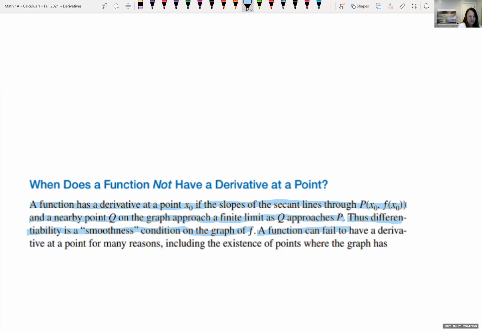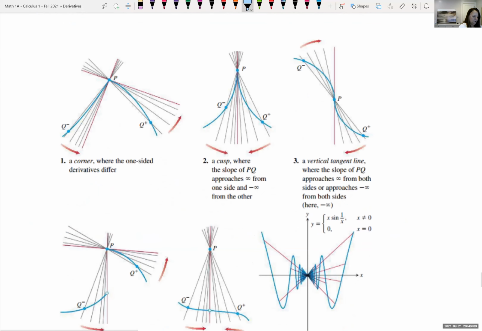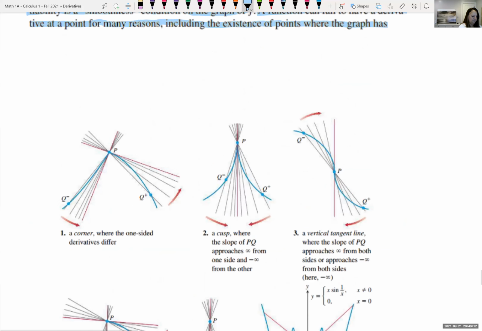A function can fail to have a derivative at a point for many different reasons, including the existence of a point where the graph has the following.